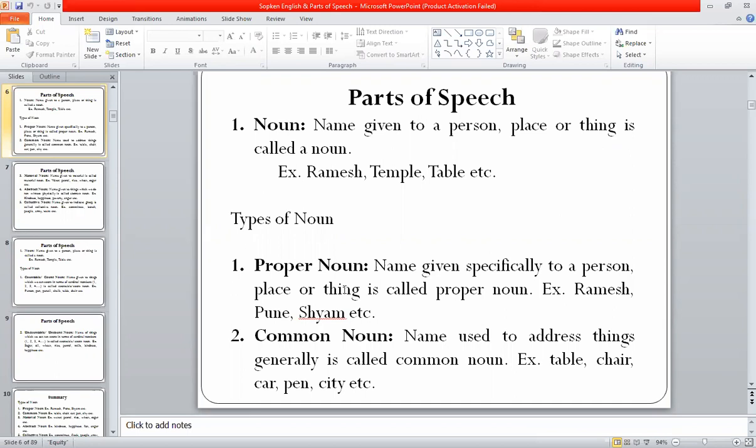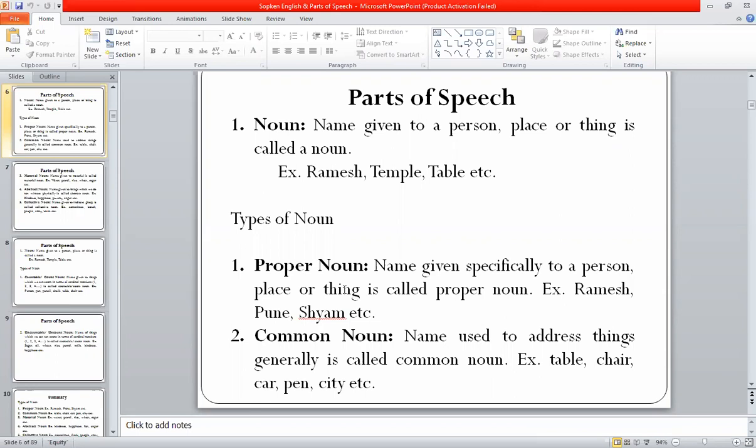Then city is also a common noun. Why is it common? Because there are many cities and they have not denoted any particular city. They have not told us about Mumbai or New York, or Baroda, or Kolkata or Chennai.